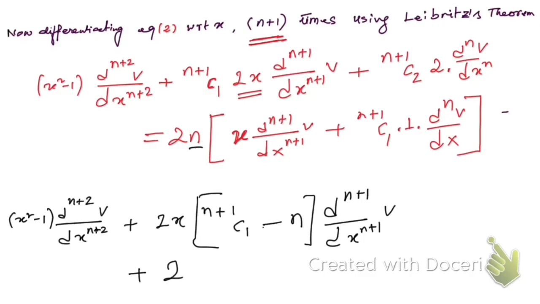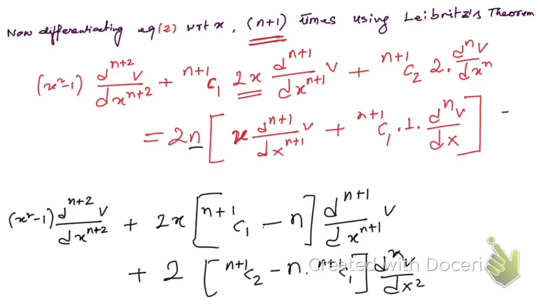Okay, so this 2 is taken common, 2 into, within bracket we're going to have n plus 1 c2 minus, here n should be written, into n plus 1 c1, right? Then nth order derivative of v with respect to x. Sorry, let me write it properly. Nth order derivative of v with respect to x, which is equal to 0 here.